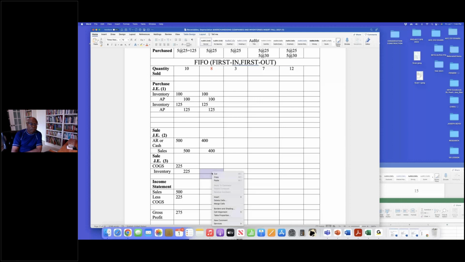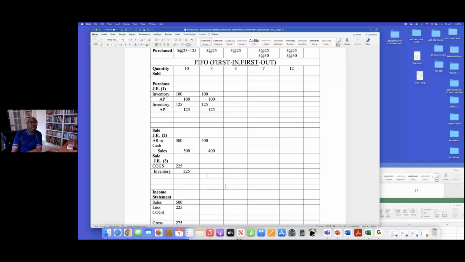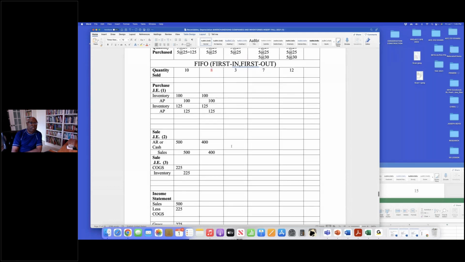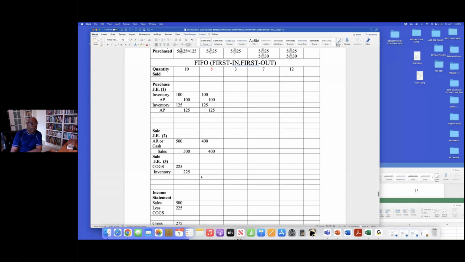Okay, to get this cost of goods sold, we're going to sell all of the 5 at 20. So we're going to have down here 5 at 20 equals what? 100.